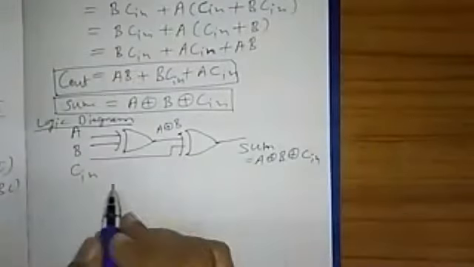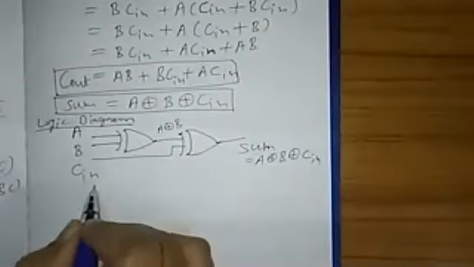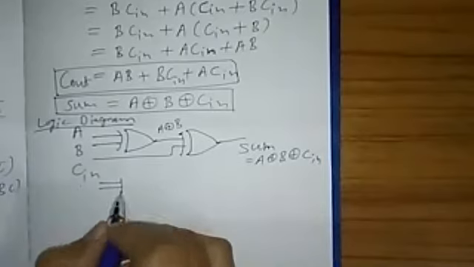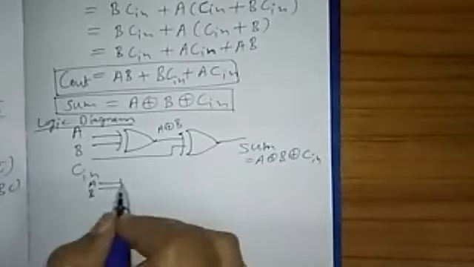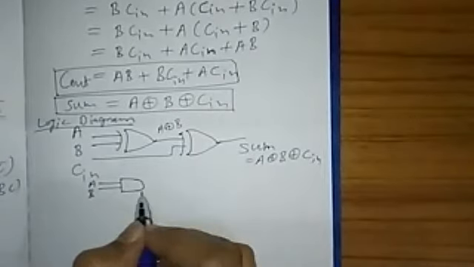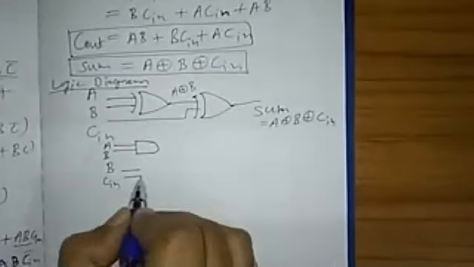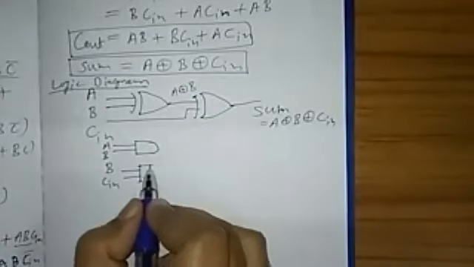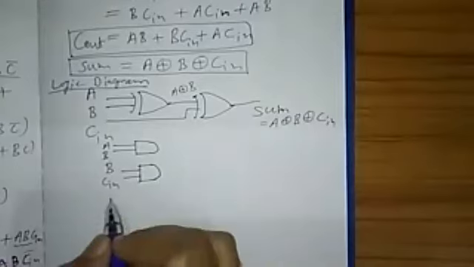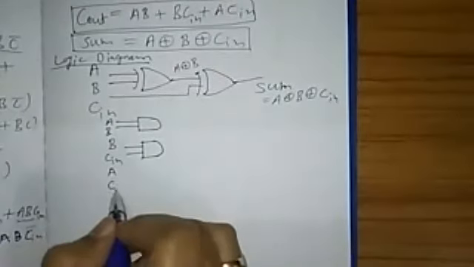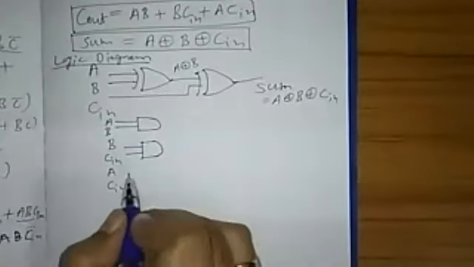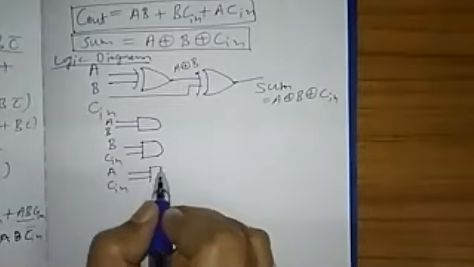Now for the carry out, I take AND gates: A B, B Cin, and then A and Cin. These are also AND gates.